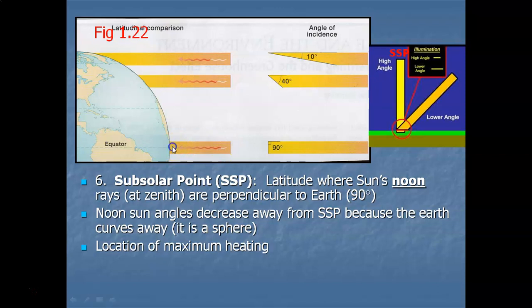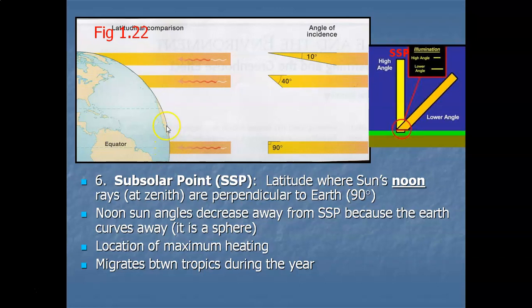And we're going to be showing you in the model, in the next slide, that the subsolar point during the year migrates near the bulge of the Earth, between the tropics. So we've got it at the equator, but it migrates to the Tropic of Capricorn in the southern hemisphere and the Tropic of Cancer in the northern hemisphere. And so it's migrating between the tropics, right, near the bulge of the Earth.